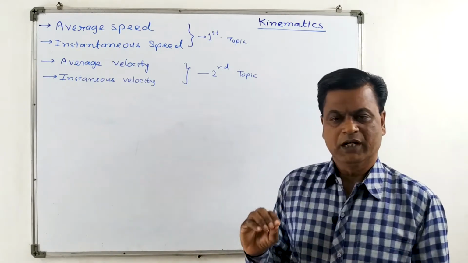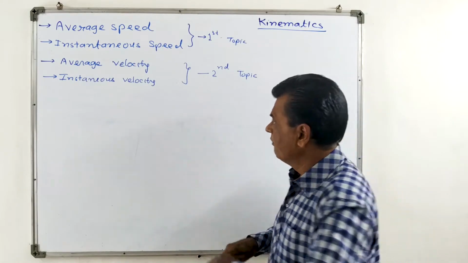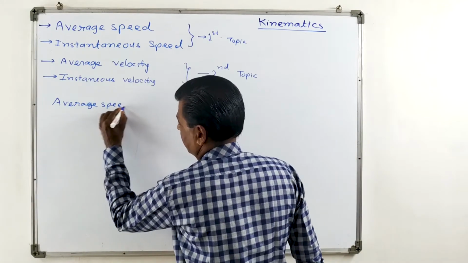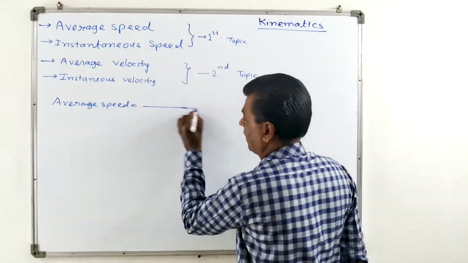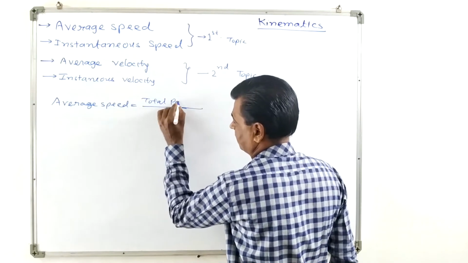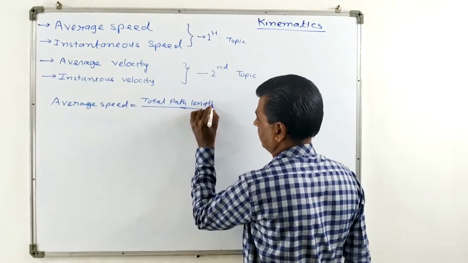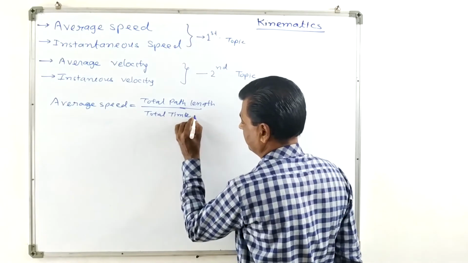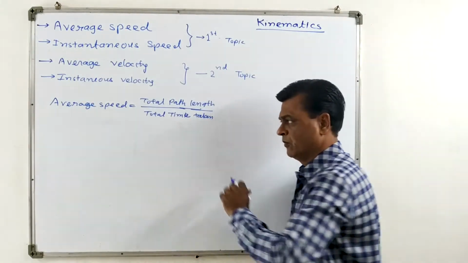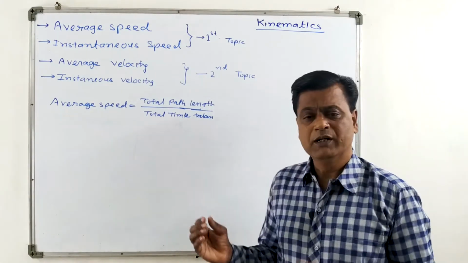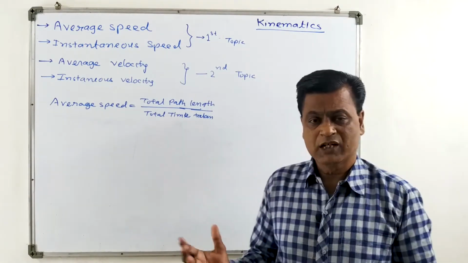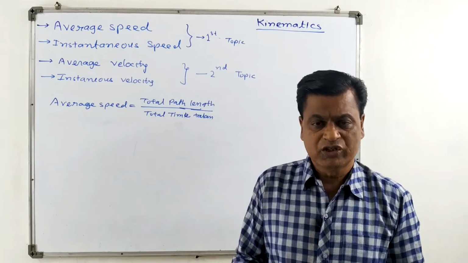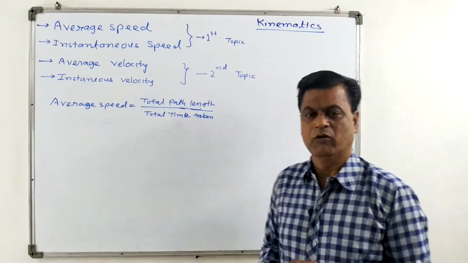But average speed does not tell us in which direction the object is moving, and how fast the object is moving at any instant of time lying within the given interval of time.